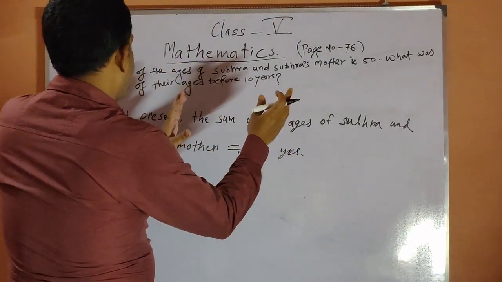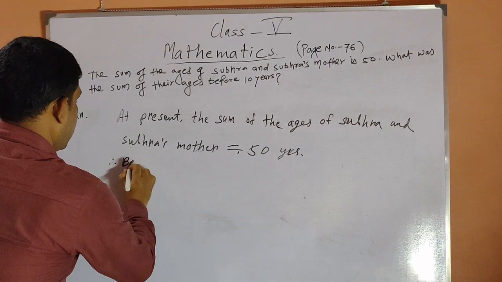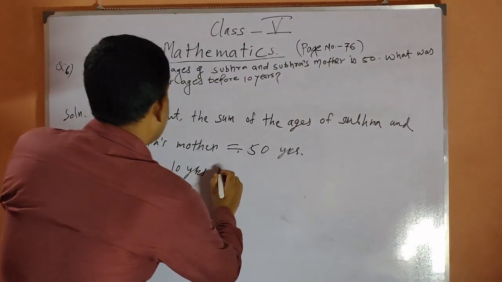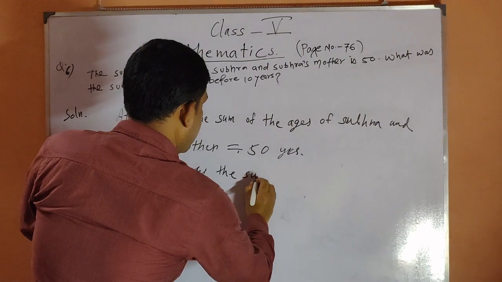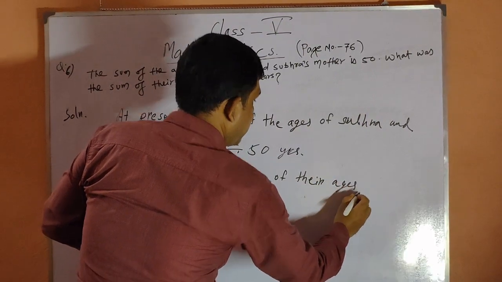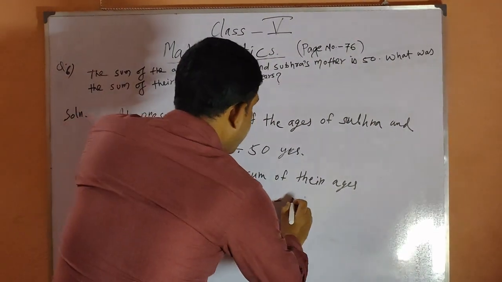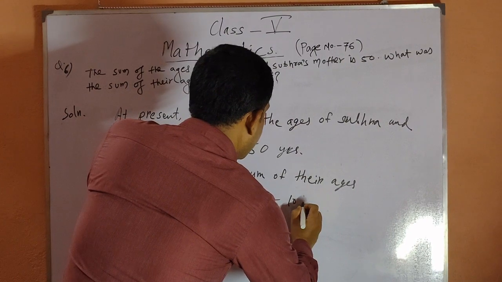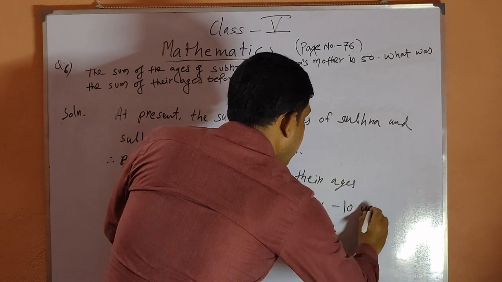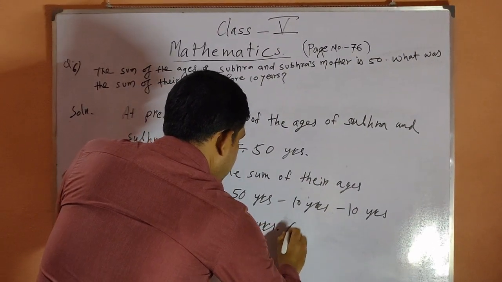Now, before 10 years, the sum of their ages is equal to 50 years, with 10 years deducted from Subro's age and 10 years deducted from Subro's mother's age. That means 30 years.